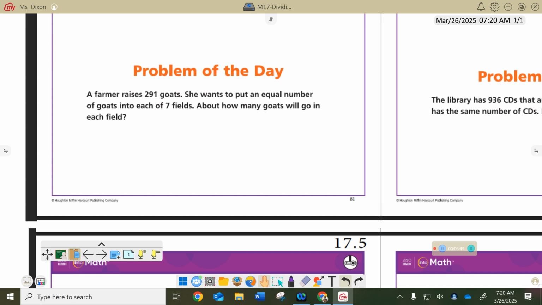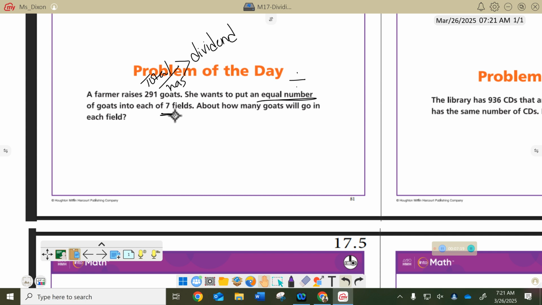So we know that she's putting an equal number of goats, so that means we are dividing. We want to put the same number in each field. We have a total. This is what she has of 291 goats. The total, or what she has, is going to be our dividend.